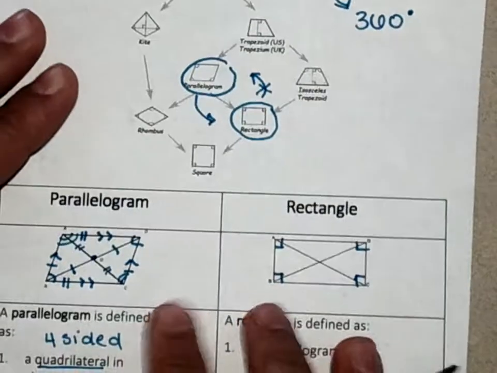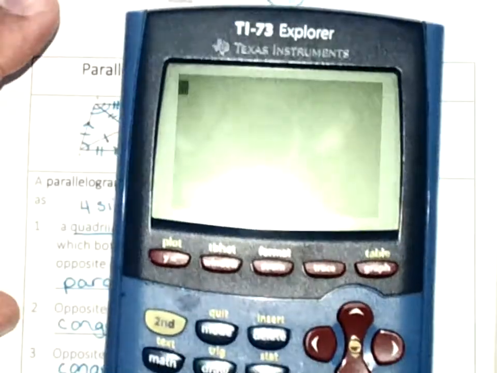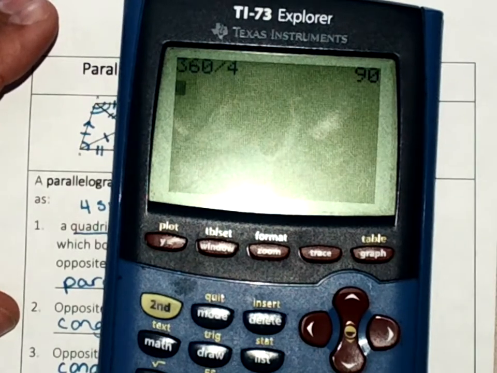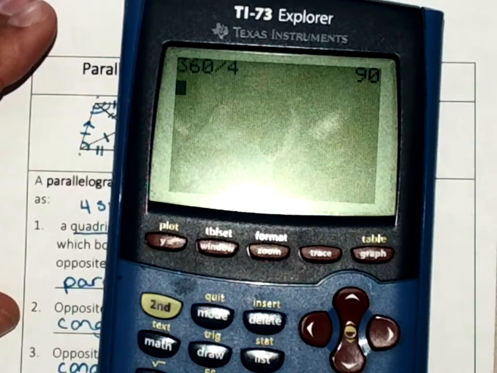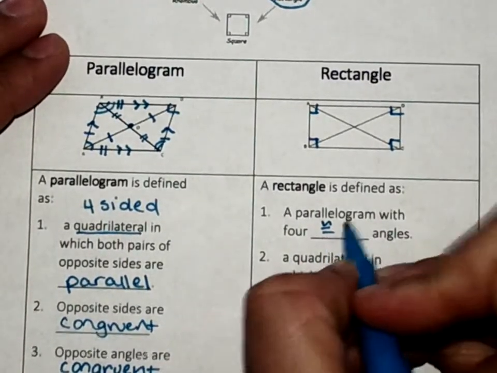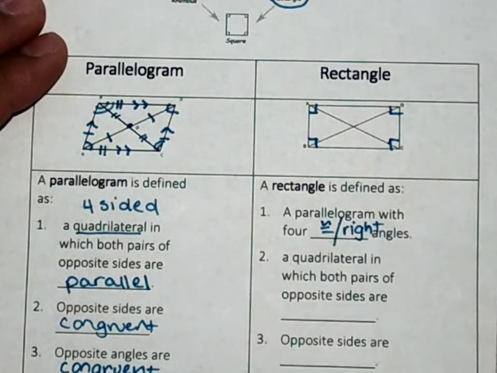So if we were to break 360 into four equal parts, 360 divided evenly by four angles means that each angle has to be 90 degrees. So a parallelogram with four congruent as well as right angles.